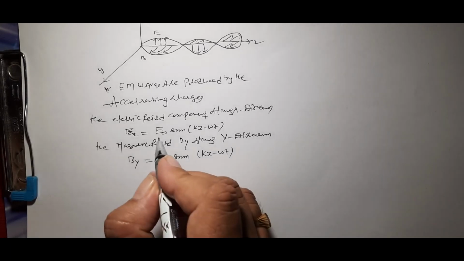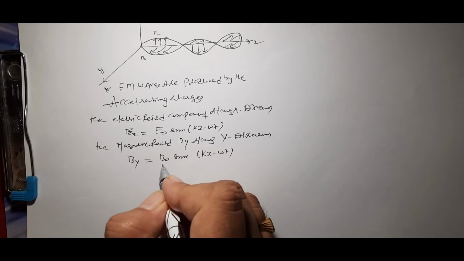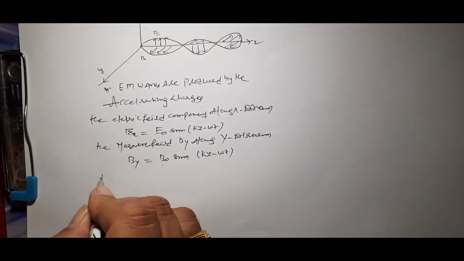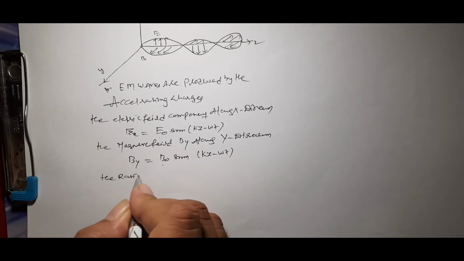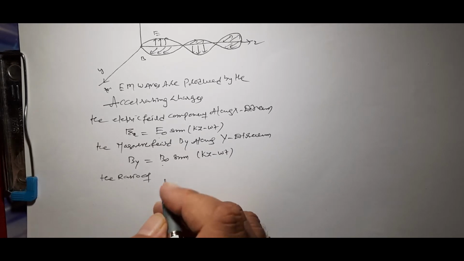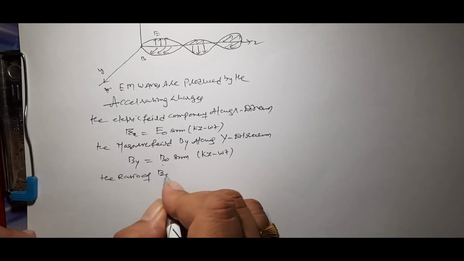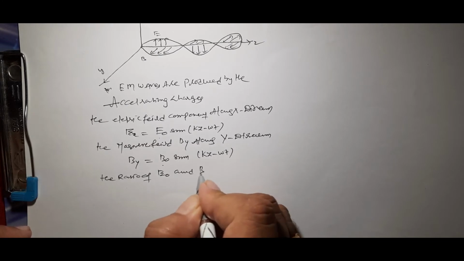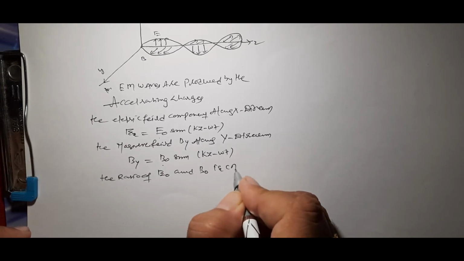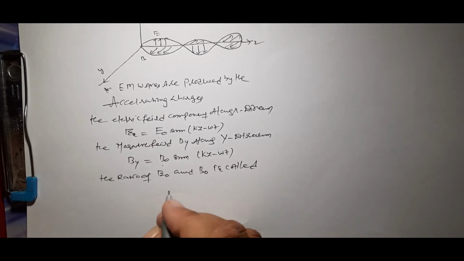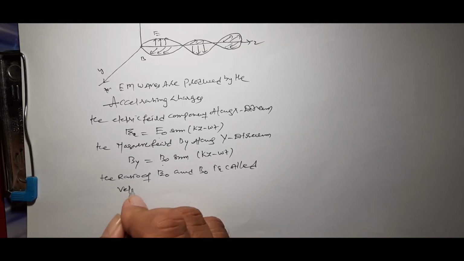Here E naught is the maximum electric field and B naught is the maximum magnetic field. The ratio of E naught and B naught is called the velocity of light.